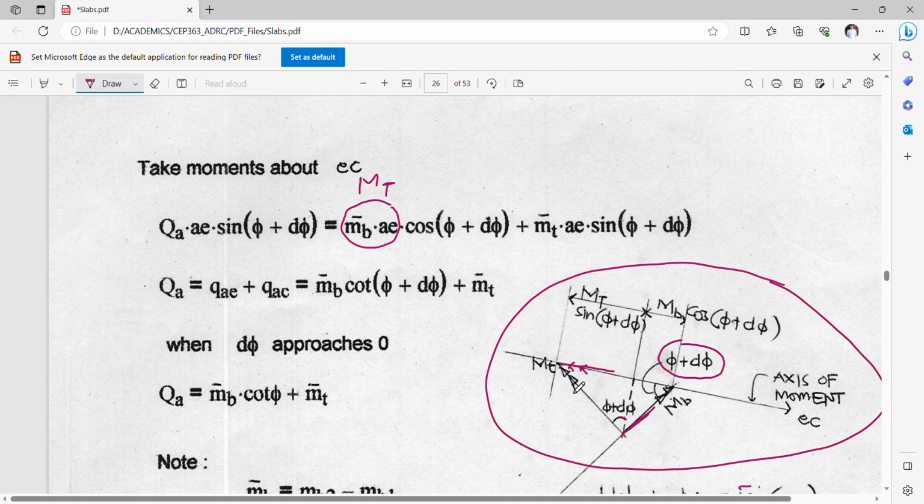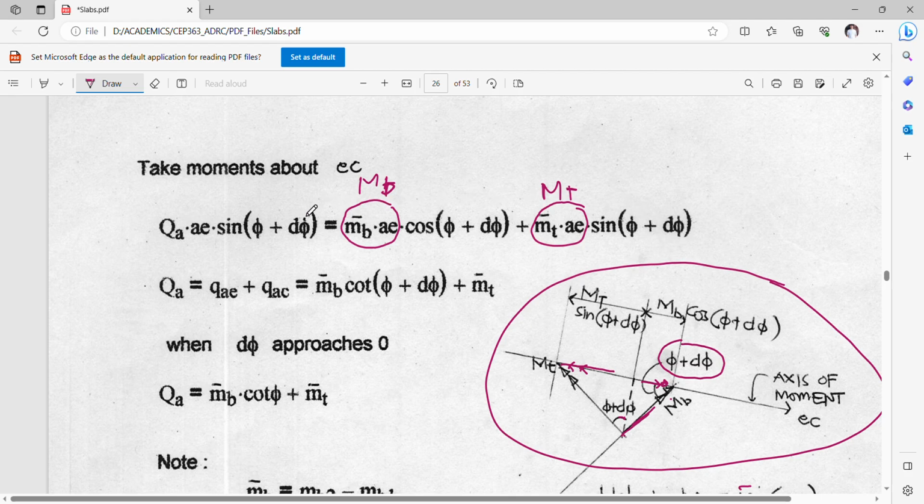Plus your MT times AE, sorry, this is MT, multiplied by the sine of phi plus dphi.